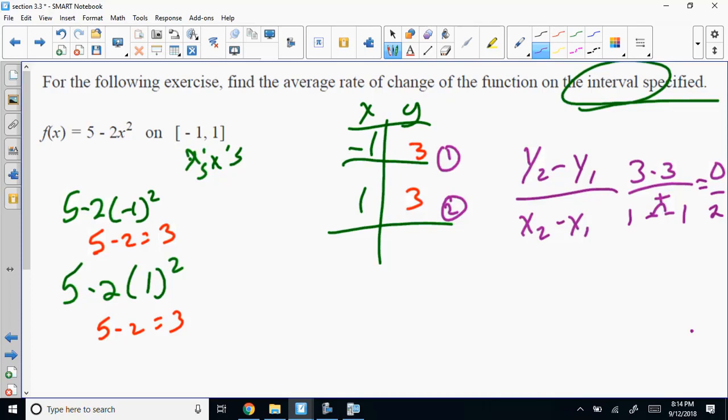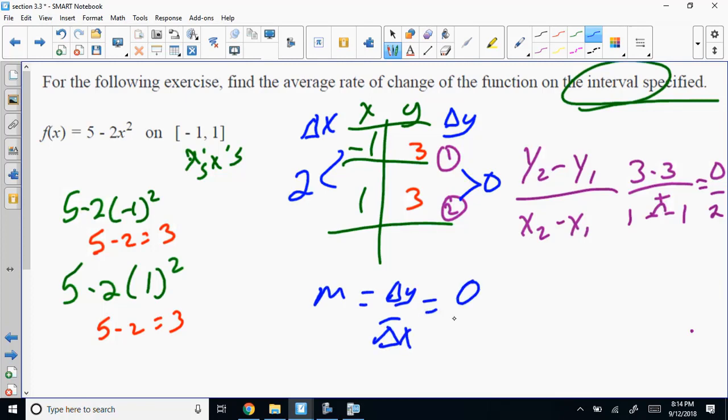I think what I showed you the other day was to do change in x and change in y. That's positive 2, and this is 0. So slope is changing y over changing x, which is 0 over 2, which is nothing more than 0. What type of line are we looking at?